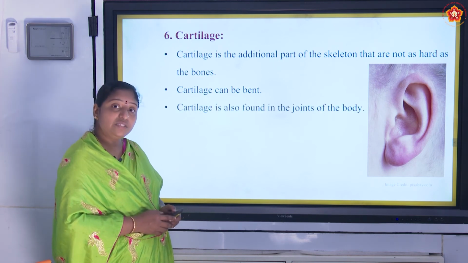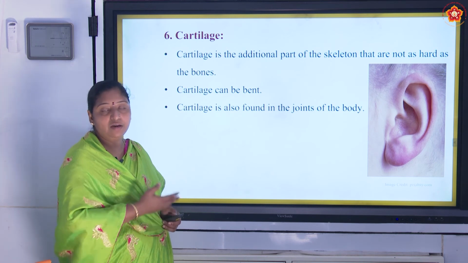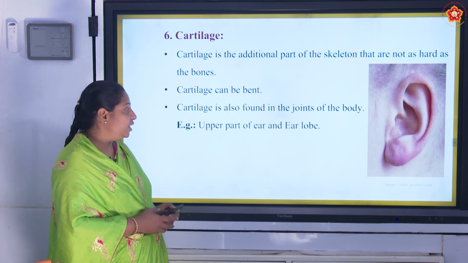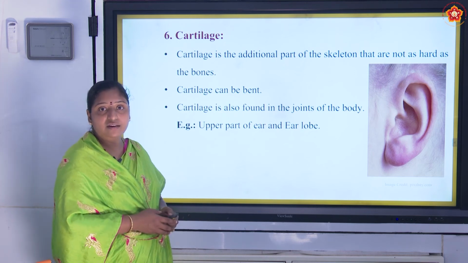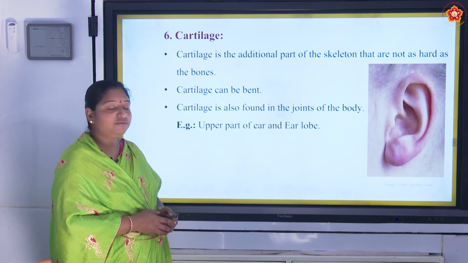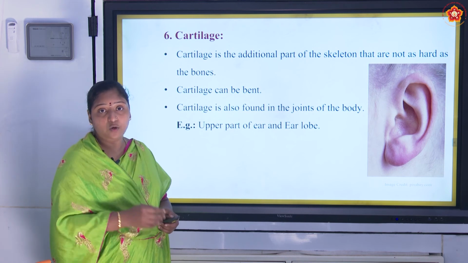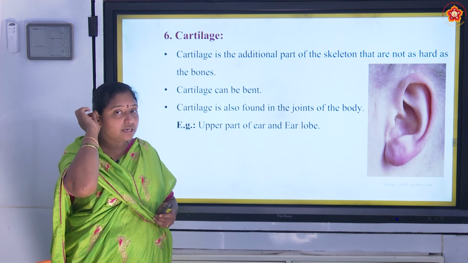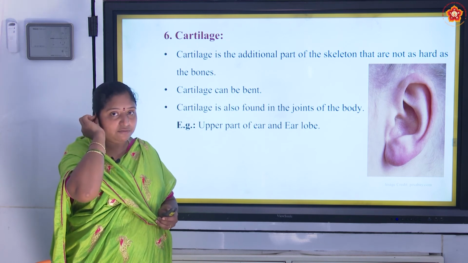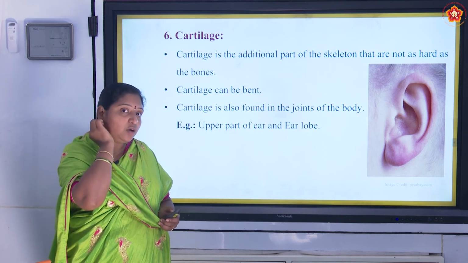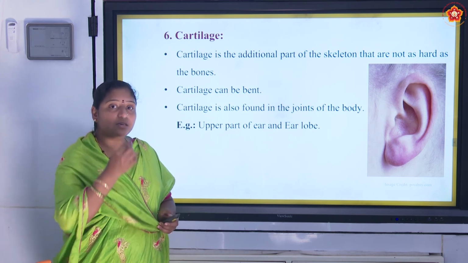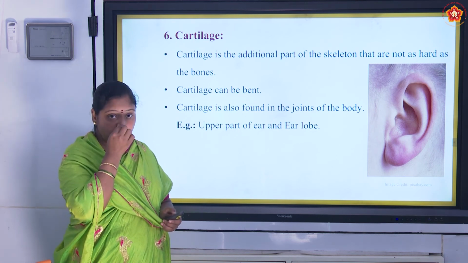Cartilage is also found in the joints of the body. Already I explained that. For example, where we can see this cartilage is in the upper part of the ear as well as the earlobe. You just observe, you touch your ear and bend your ear, the upper part of the ear as well as the earlobe, and here also you can observe the cartilage so that you can move it.